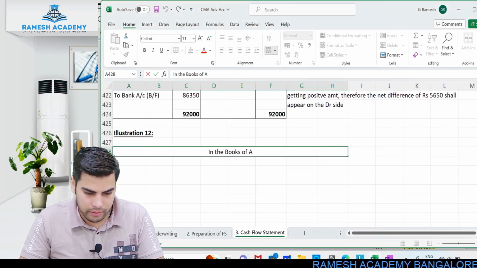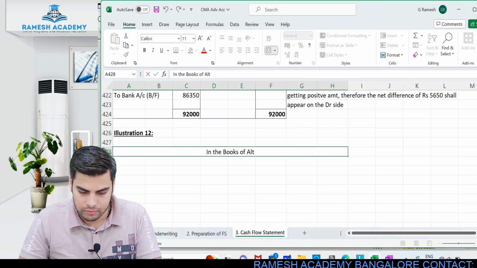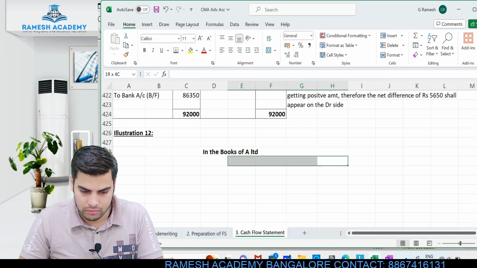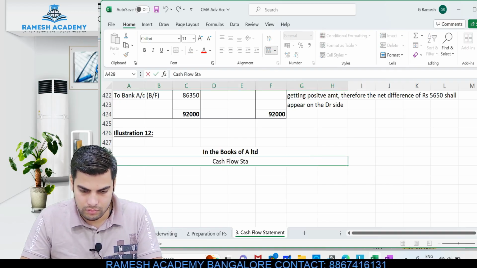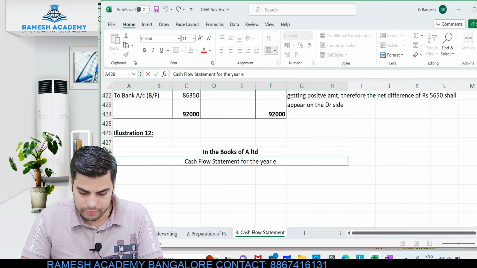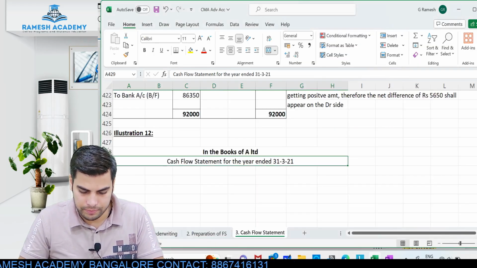A Limited, right? So in the books of A Limited, cash flow statement for the year ended 31st March 2021.